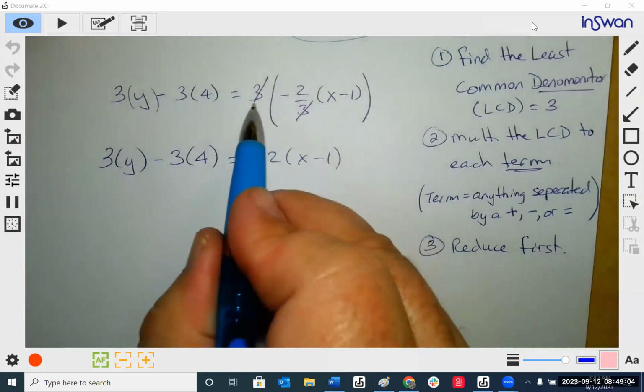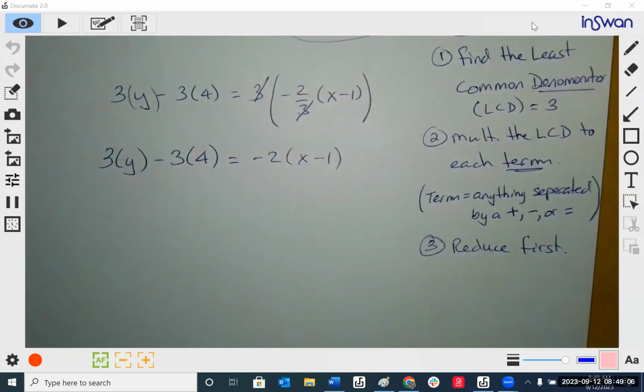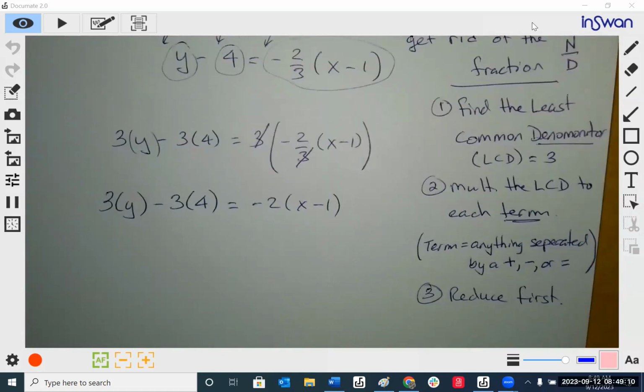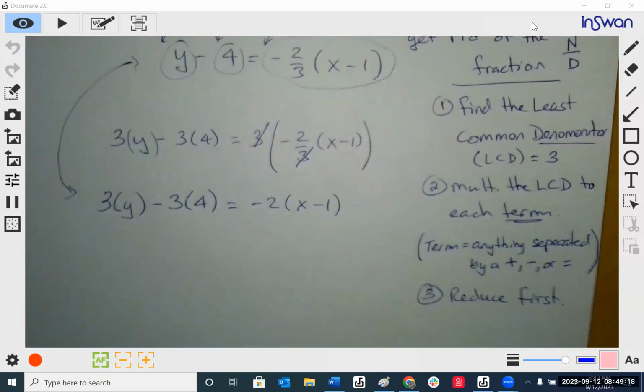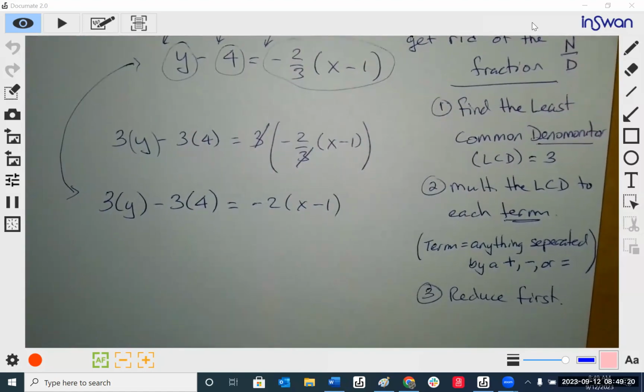Since there's nothing else in front, I don't need that. Doesn't that look easier now? These two are still the same equations, except that one looks a lot easier.